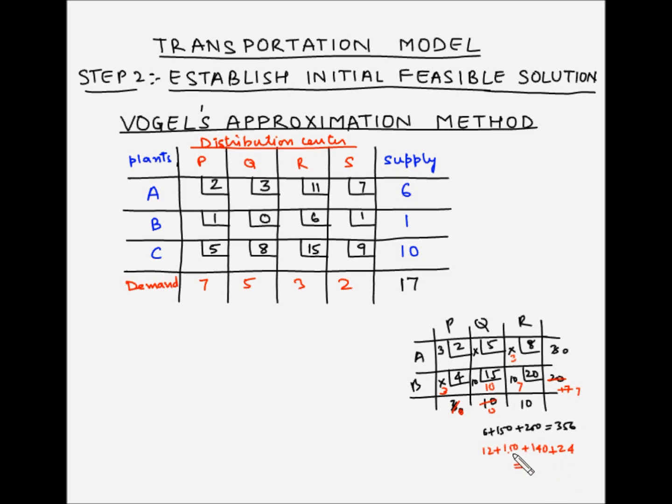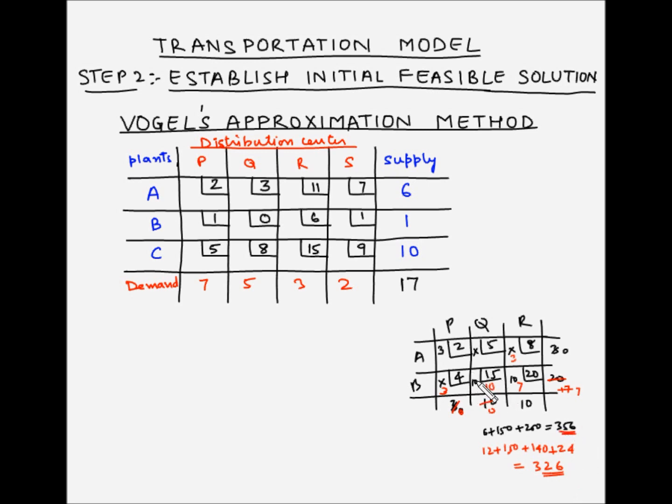So 150 plus 140 is 290. 290 plus 24 is 314, plus 12 is 326. So this time we got a total cost of 326 as compared to 356 which we got last time.